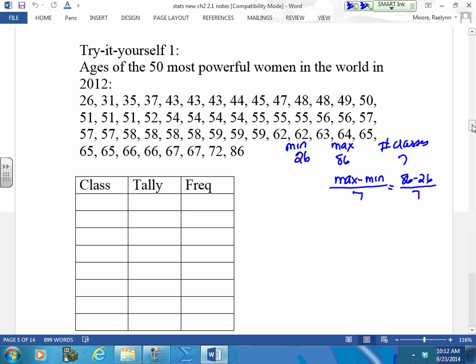It's easy, but I can't tell you how many kids mess this up. When you mess this up, you start with the wrong number, your whole graph is wrong. So this becomes 60 over 7. When you divide it, it's 8 point something, right? So 8 point what?